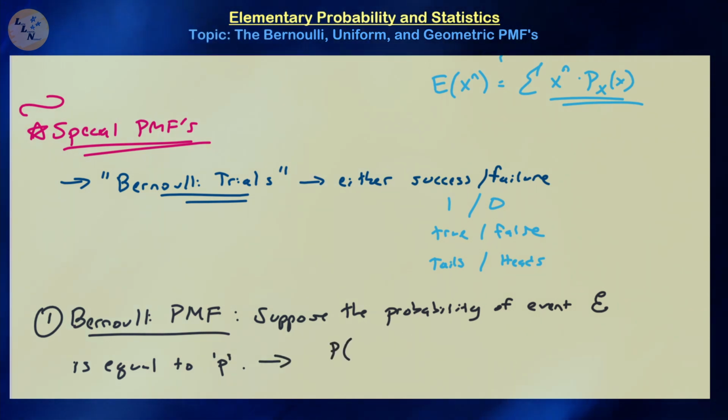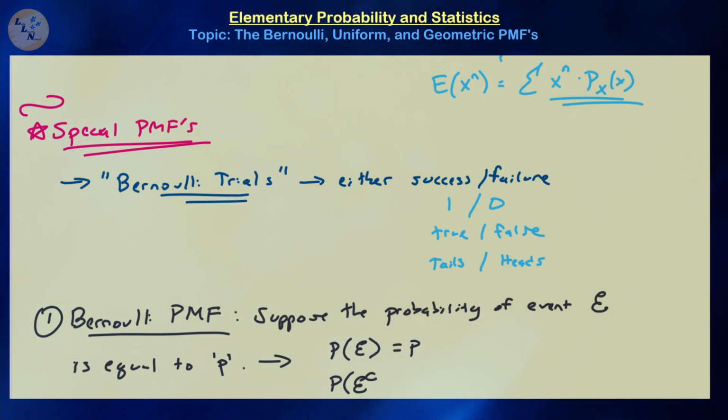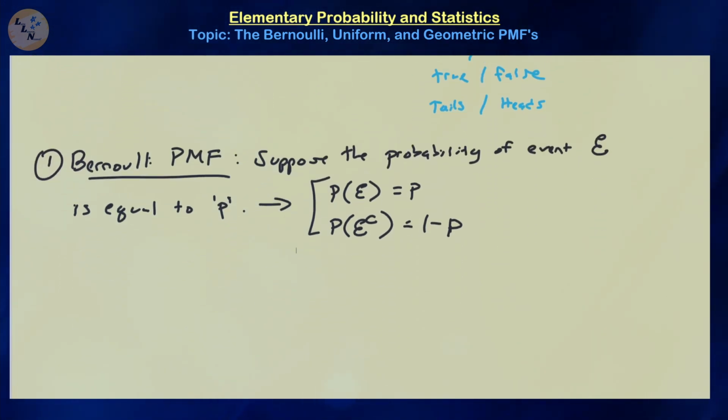Then the probability of event E is equal to p, and the probability of E not happening, or the E complement, is just 1 minus p. So either E happens or E doesn't happen. If we just focus on this particular event E, then that in itself is a Bernoulli trial, if we just focus on its occurrence.